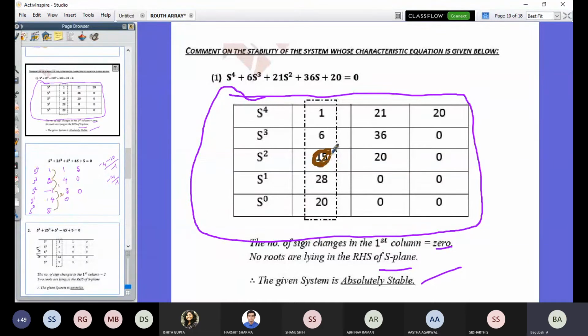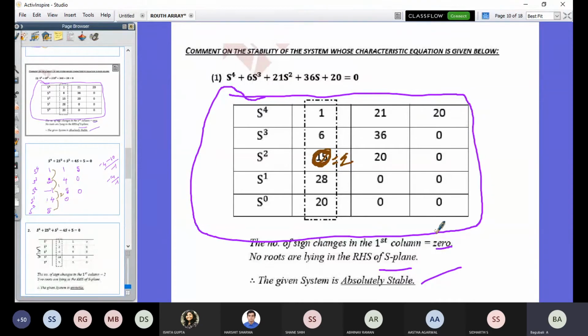In such a situation, what you can do is replace the 0 with epsilon and proceed to complete the entire Routh array.